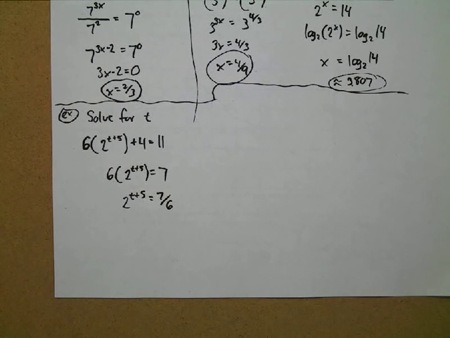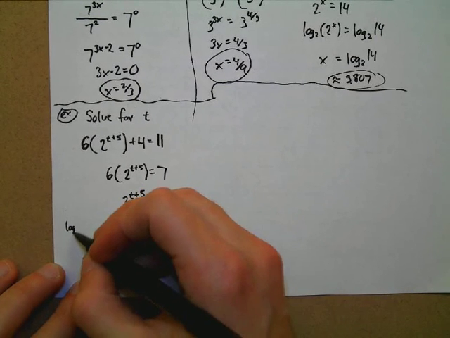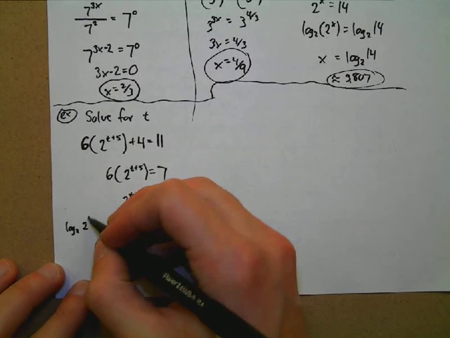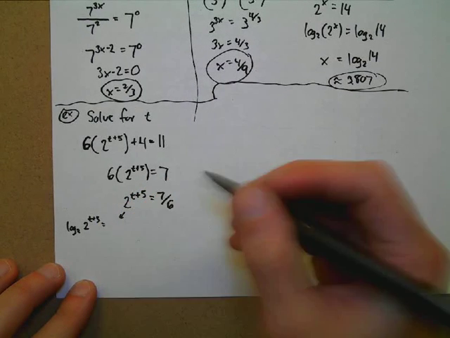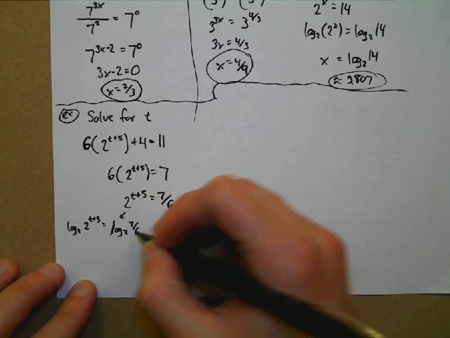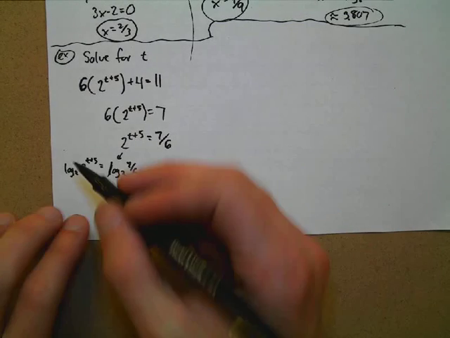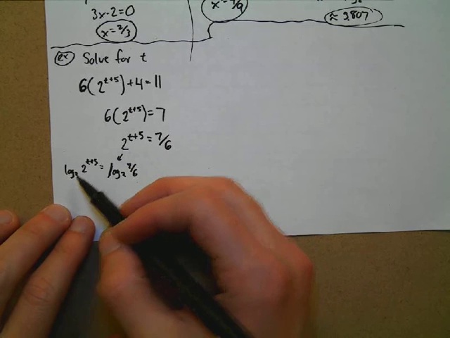So if I do log base 2 of 2 to the t plus 5 equals log base 2 of 7/6. Again, what power of 2 gives me 2 to the t plus 5? Well, it's t plus 5. This basically just becomes t plus 5 equals log base 2 of 7/6. No idea what that is, but we'll just leave it like that for right now.